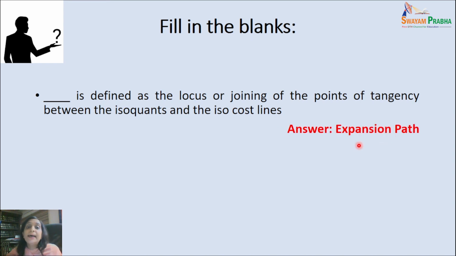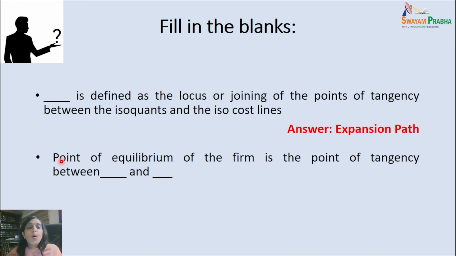It is called the expansion path. Second, the point of equilibrium of the firm is the point of tangency between dash and dash. When does the firm find its optimum input combination, or its equilibrium? With the tangency of what two things? Isoquant and the isocost.